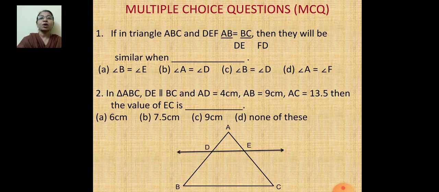That means you have to apply the basic proportionality theorem here and find that unknown length EC. But in the choices we have seen three different ratios, so which ratio is applicable here, that you have to see and choose the correct option.